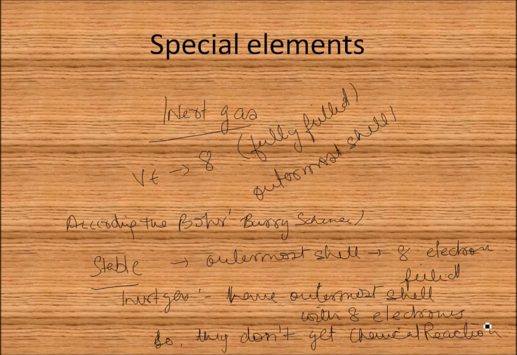That is, all the valence electrons are fully filled, so they don't gain or lose electrons from the outermost shell. They are the most stable elements in nature, right?